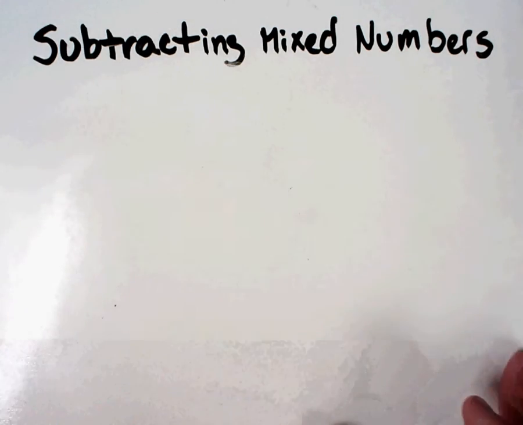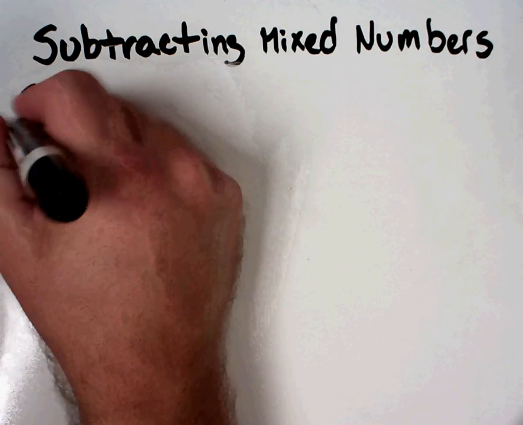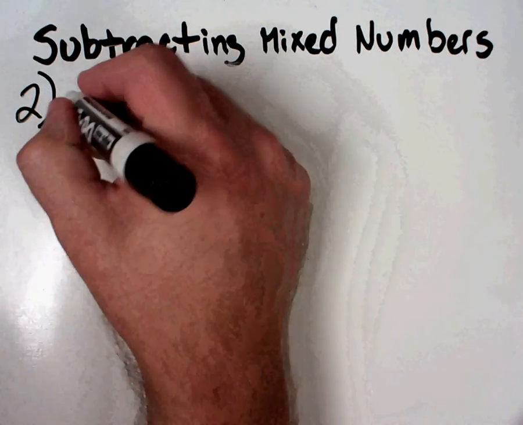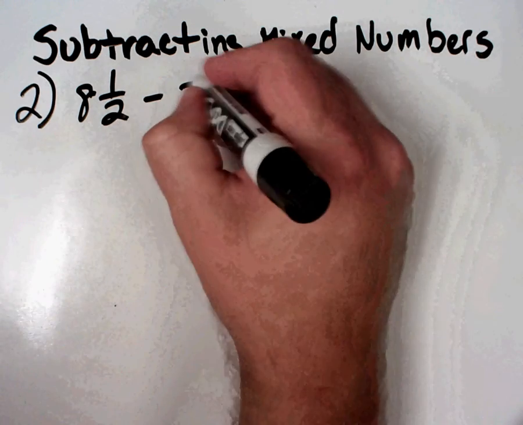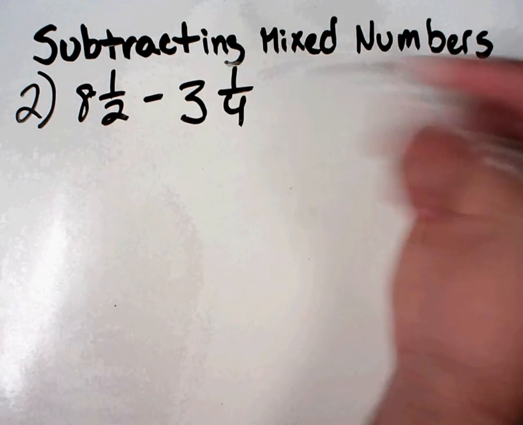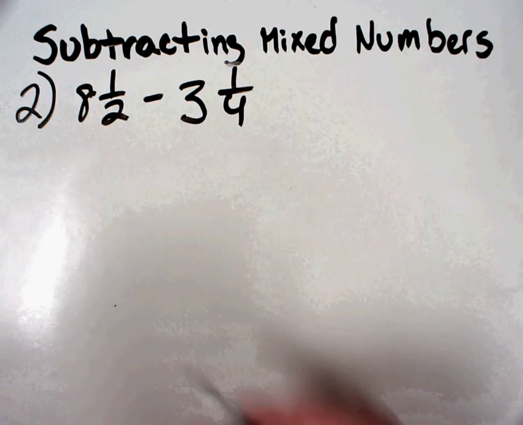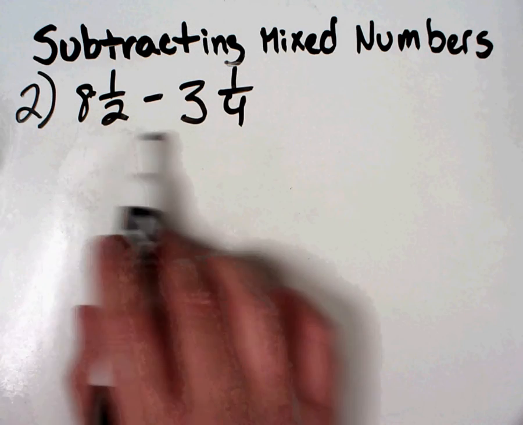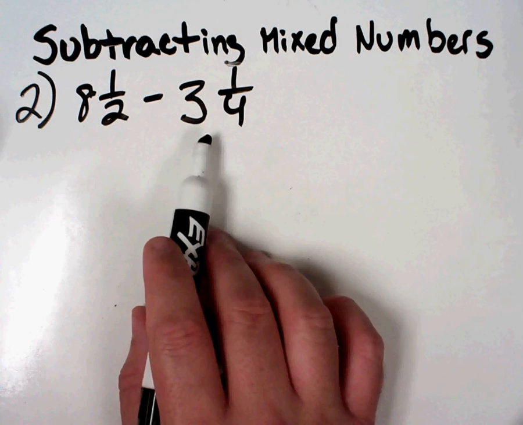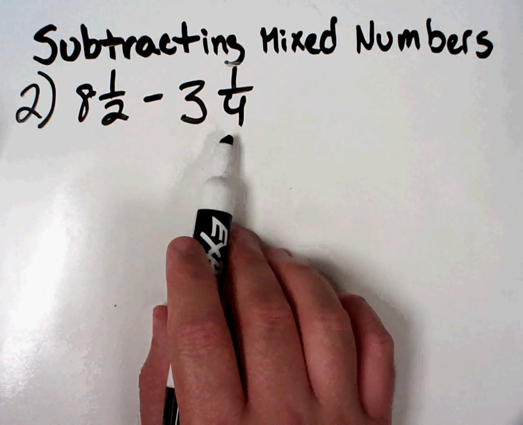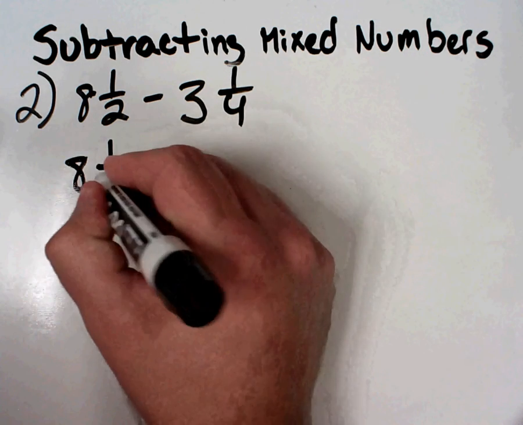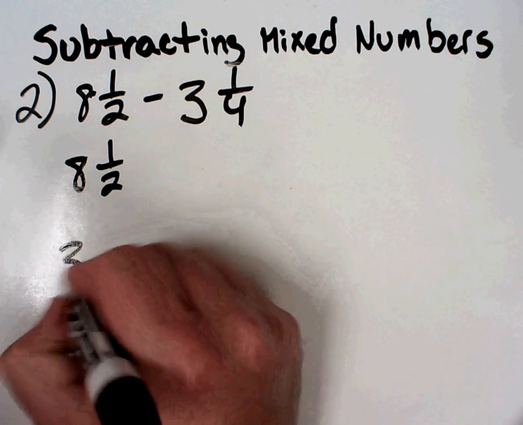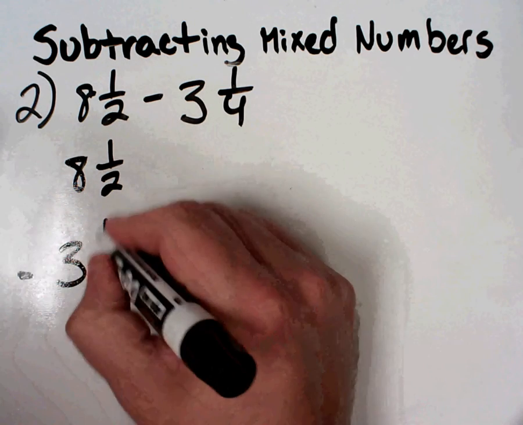All right, so number 2 is going to be 8 1/2 minus 3 1/4. This one is a little bit easier, and I could just use my 4 as my common denominator, but I'm going to keep with the process that we've been doing and multiply my denominators.